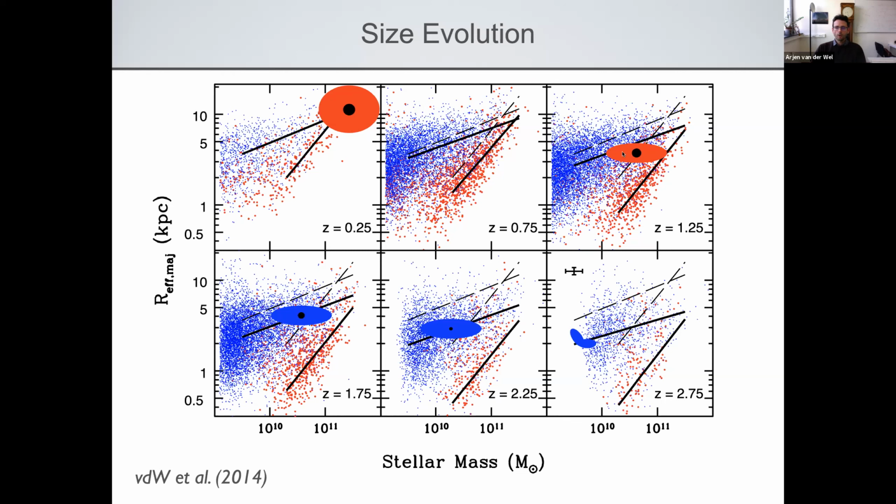And then nothing happens anymore except that over the intervening 10 gigayears or 8 gigayears, this galaxy will merge with its neighbors, slowly destroying that disk and becoming a large elliptical. So all the mass growth from here to here is due to merging, and all the mass growth here is through star formation, by and large, right? There's always a mix, but schematically, that's how you can think of it.